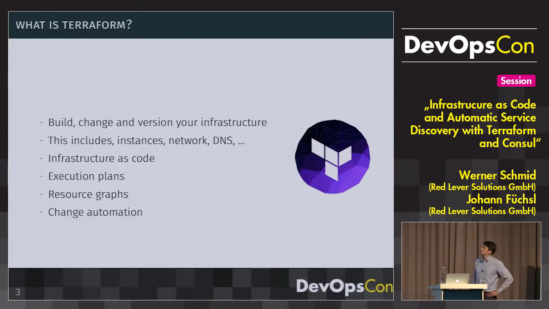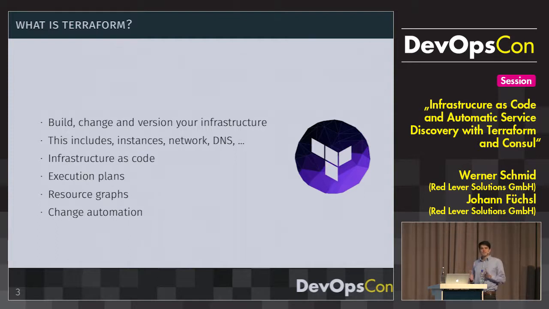What is Terraform? Terraform is a tool that helps to build, change, and version infrastructure across different cloud providers like AWS, Microsoft Azure, Google Cloud, or also local resources like Docker or other resources like simple DNS.